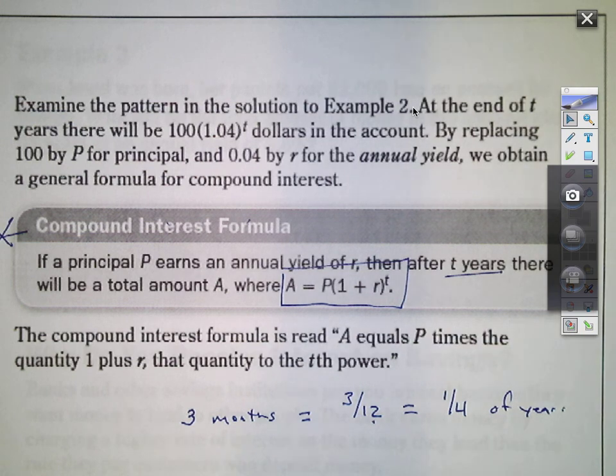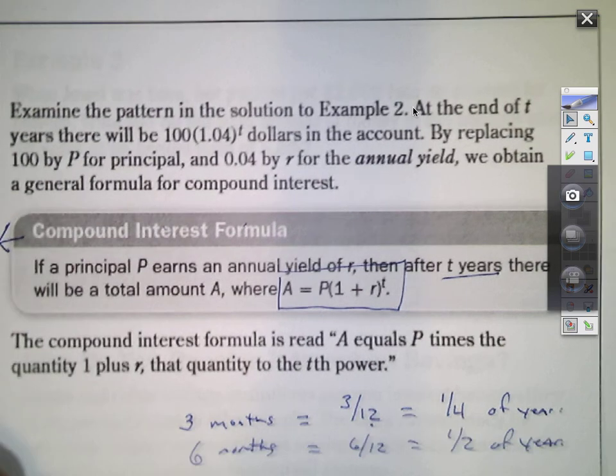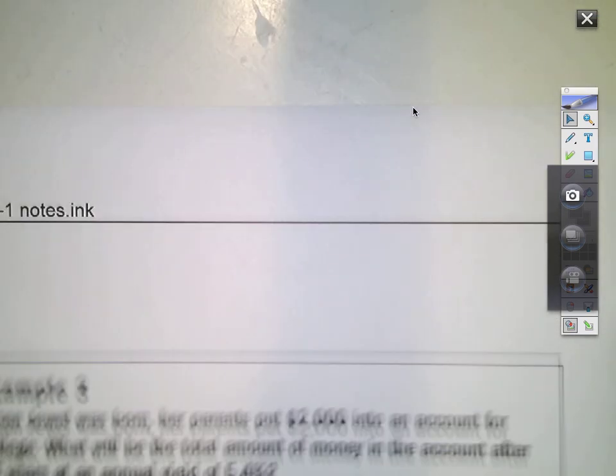So if they give you a problem in months, you got to make sure that you convert months to a year. We all know 6 months is equivalent to 1/2 of a year. Very important equation.